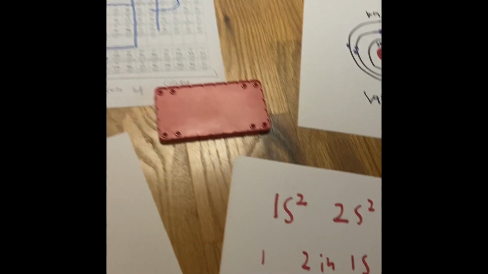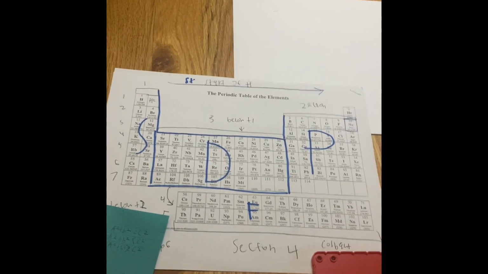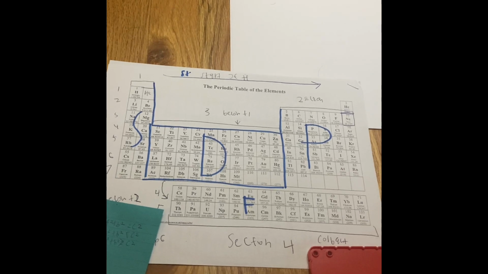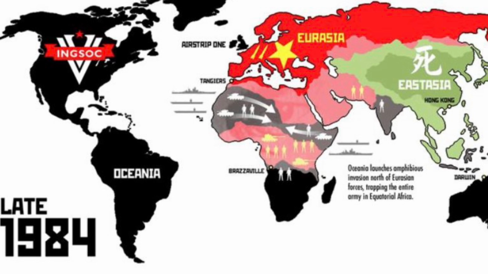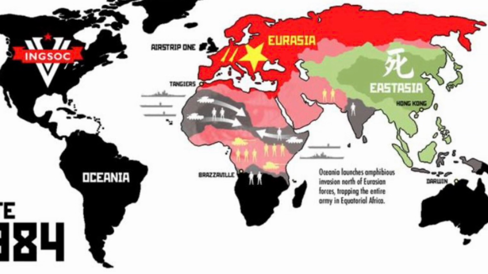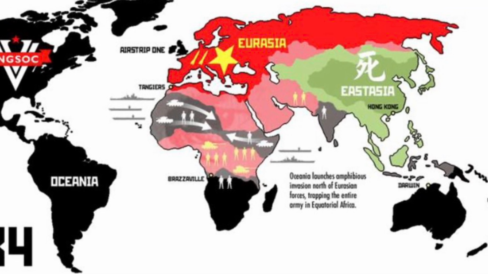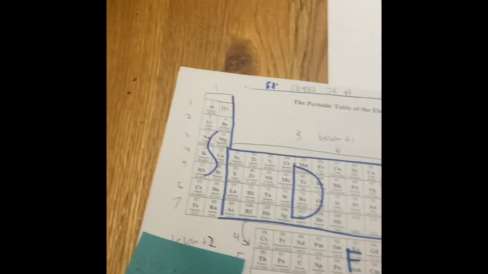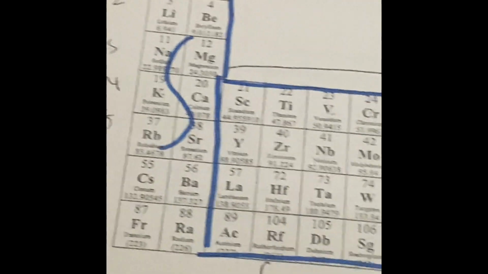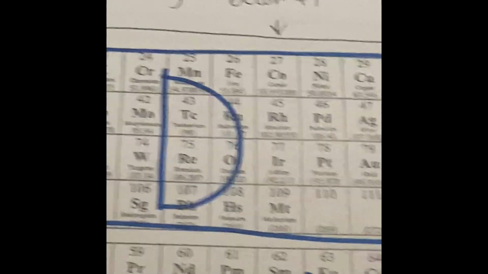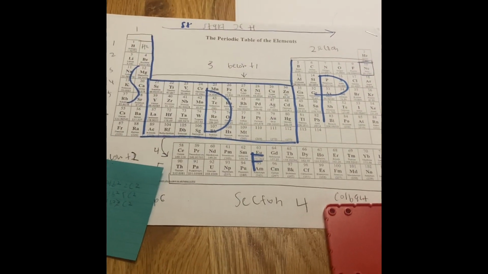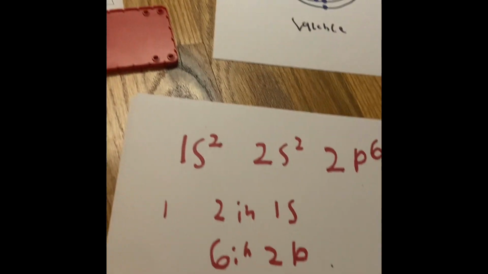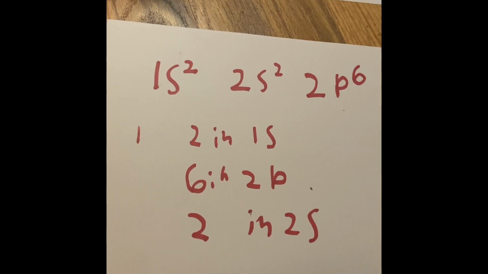Well, if you take a look at the periodic table, you might notice that the periodic table has been divided into giant sections of different blocks. We have the S block, the D block, the P block, and the F block. So it's saying that these are going to be how the electrons are configured.